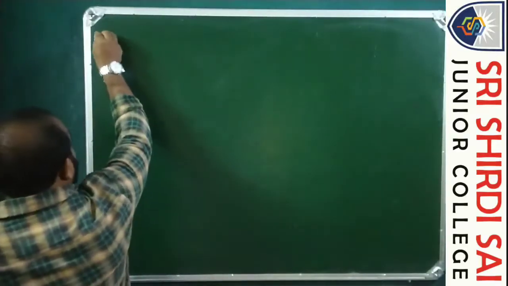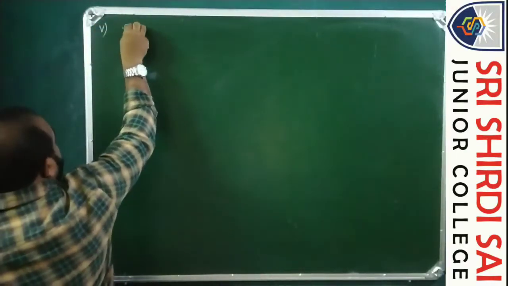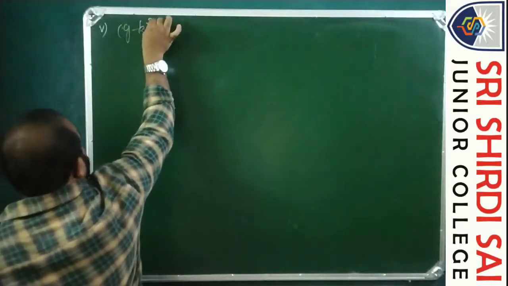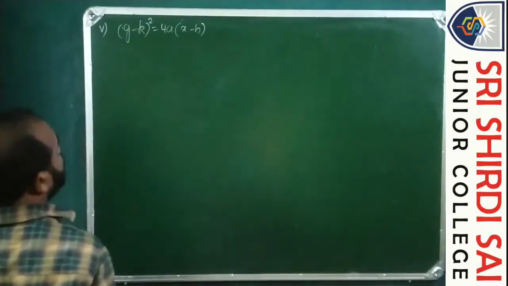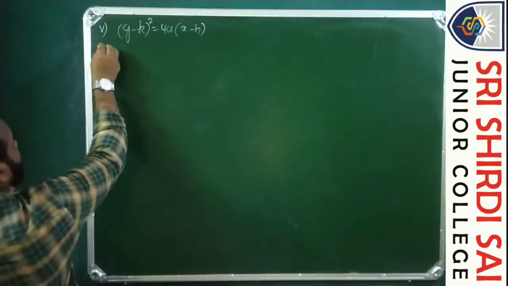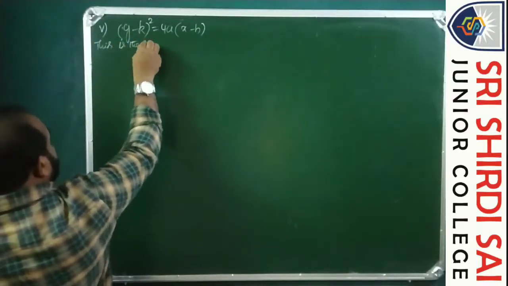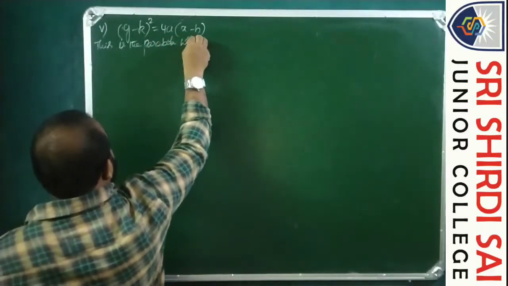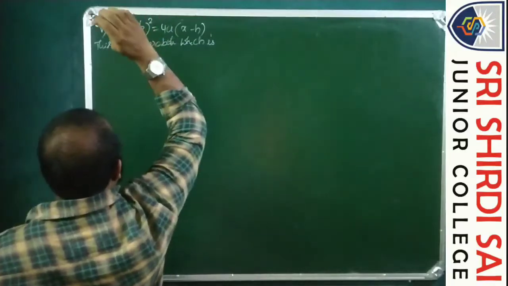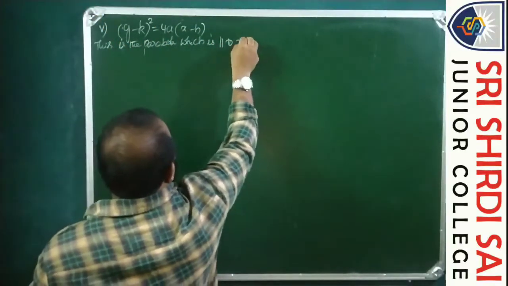So here the fifth one is y minus k whole square is equal to 4a into x minus h. This is the parabola which is parallel to the x-axis.